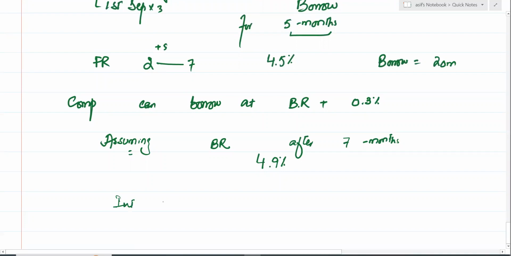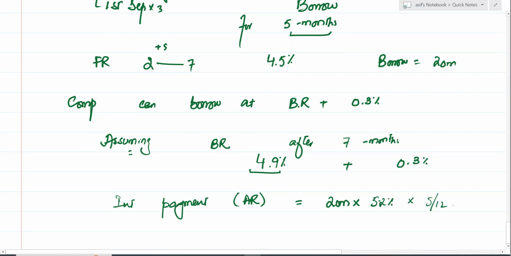You have to pay interest. And I told you payments or receipts are always on the actual rate. So 20 million into the official rate would be 4.979%, but the bank will add 0.3% to it. It would be 5.2% into, for how many months did you want? 5 by 12.